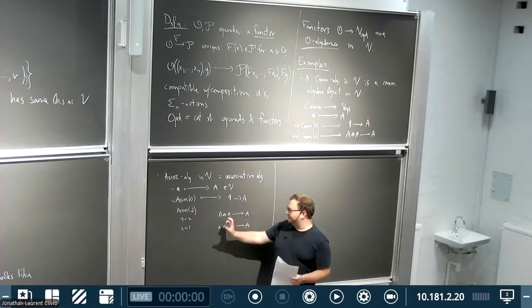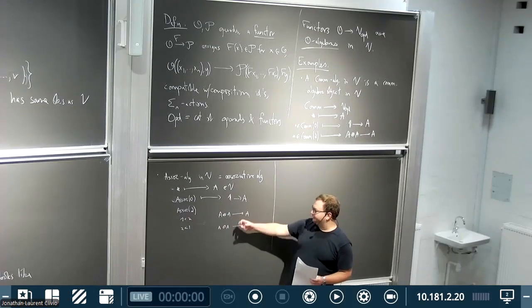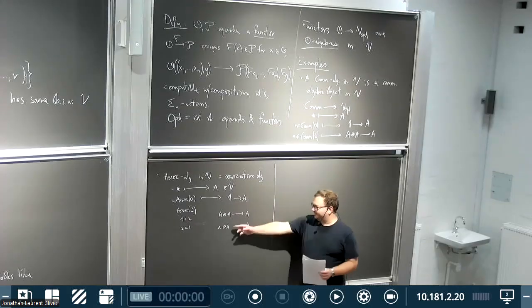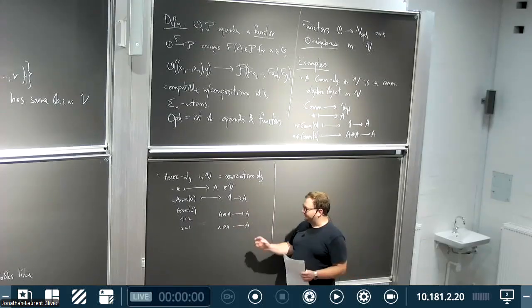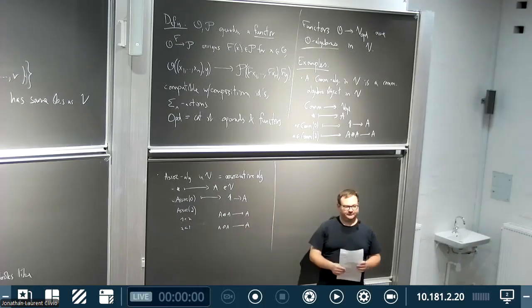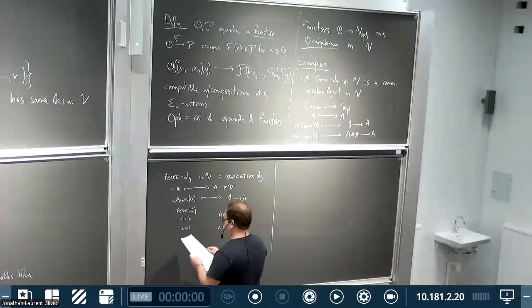That says if I reorder the 2 copies of A, these 2 maps have to turn into each other. So that's saying that these 2 maps are given by multiplying in 2 different orders. And then again, from looking at Assoc3, you can show that this is associative as well.